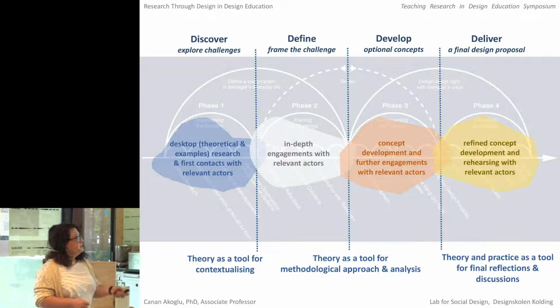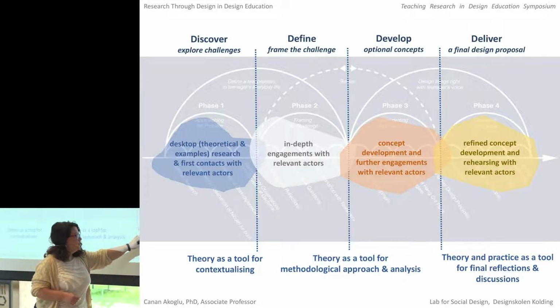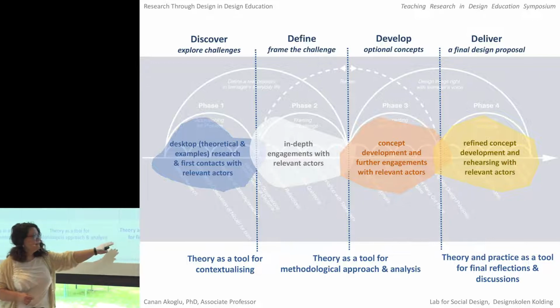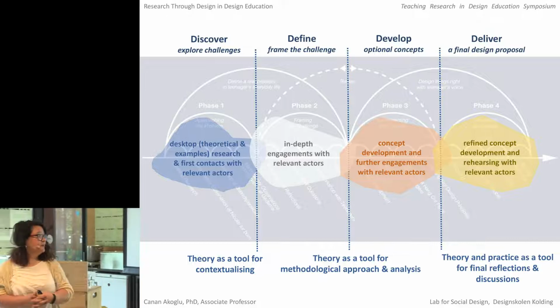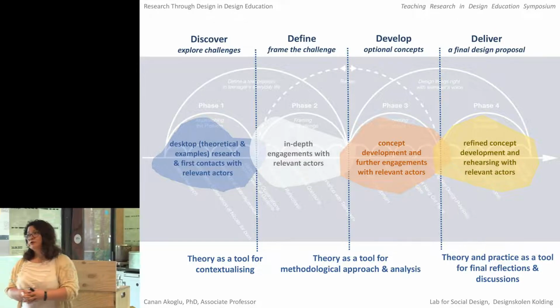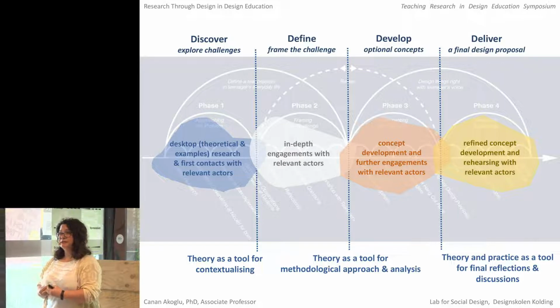And the last one that we see here is more about theory and practice. They are used together as a final reflection and discussion about, okay, what type of knowledge am I generating here, and how am I potentially contributing to design practice with my design proposal.